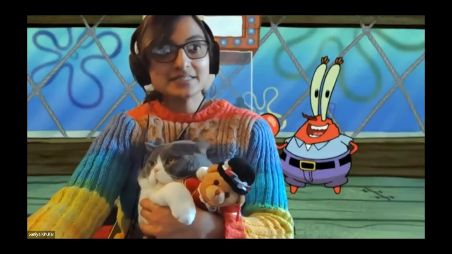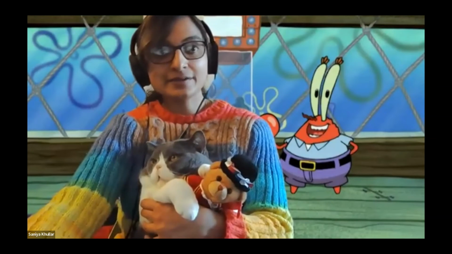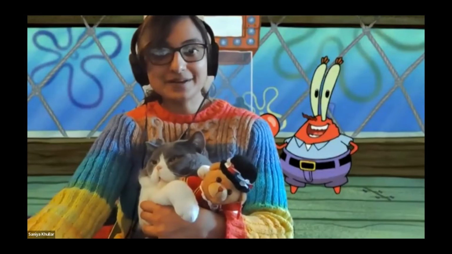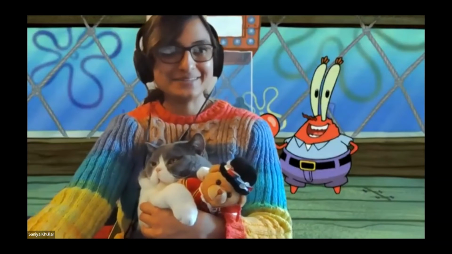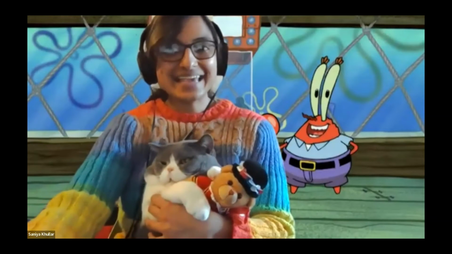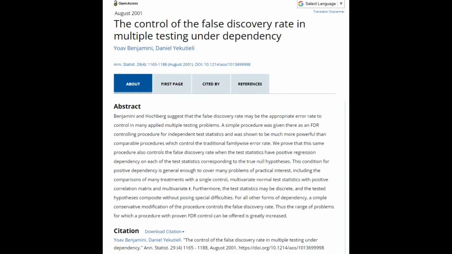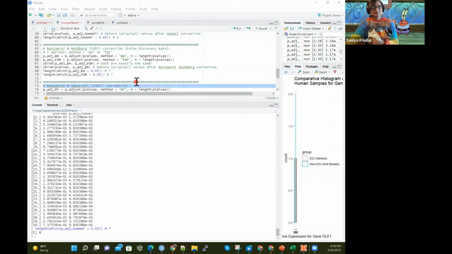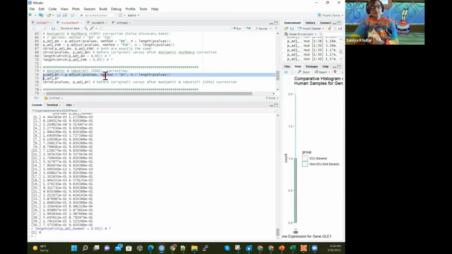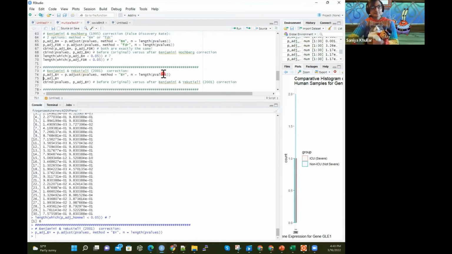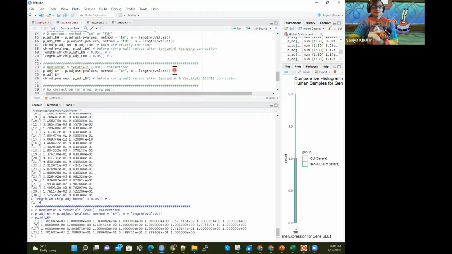Just 6 years later, Benjamini came out with another method with Yekutieli in 2001, right after the millennium and the Y2K scare. It's called the Benjamini and Yekutieli correction, the BY correction. So all we have to do is put BY. The same Benjamini from here partnered with Yekutieli. And this is the BY correction.